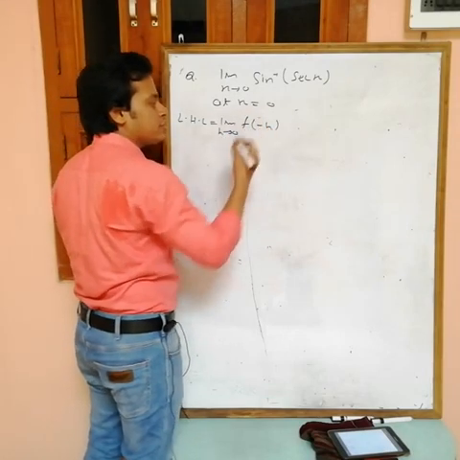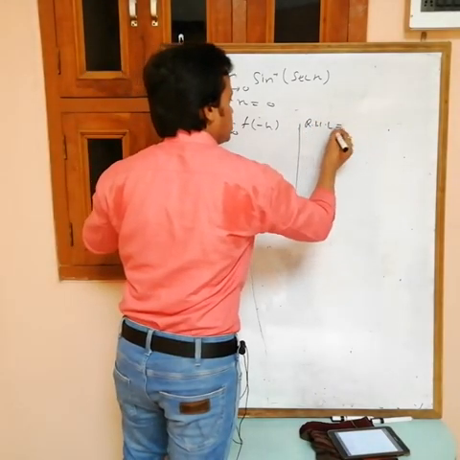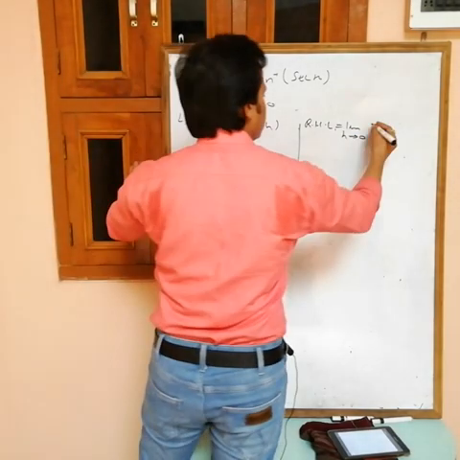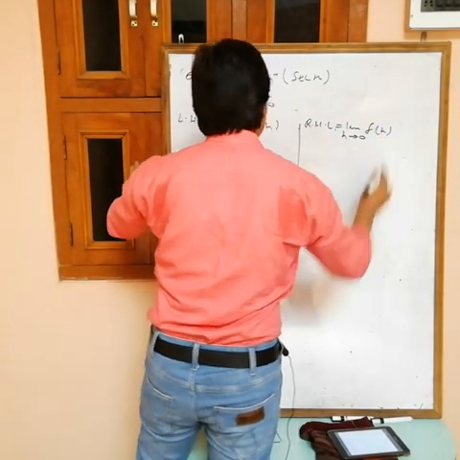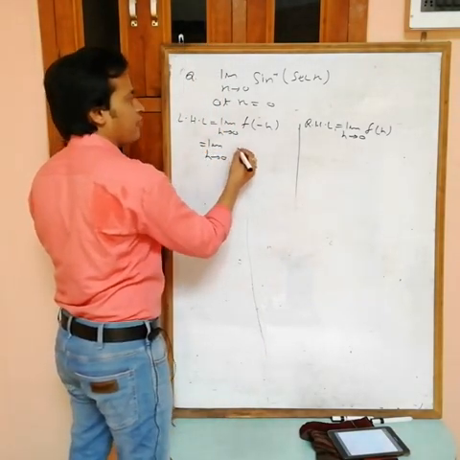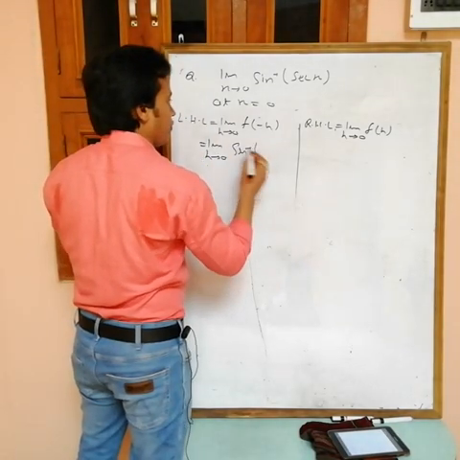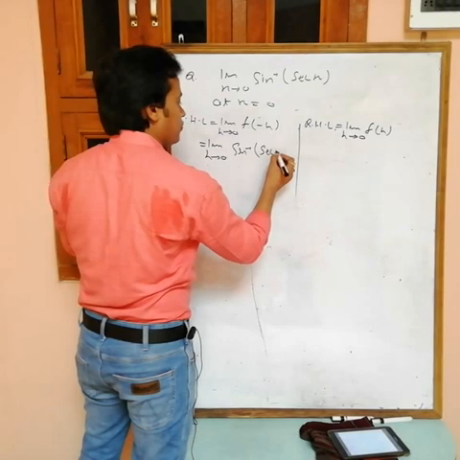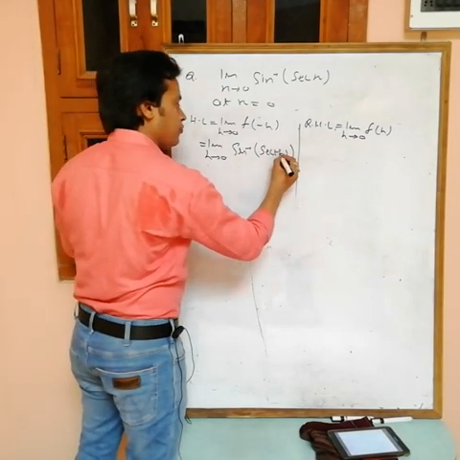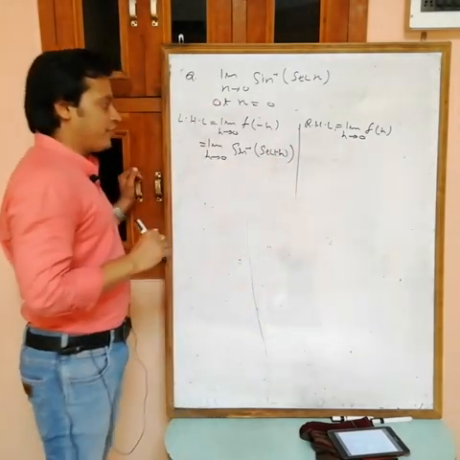A is 0, 0 minus h is minus h. And I am taking RHL at this side. RHL is limit h tending to 0, value of the function at a plus h. A is 0, 0 plus h is h. Now limit h tending to 0, f of minus h, replace x with minus h. Sine inverse of sec of minus h. And similarly RHL also we can find.